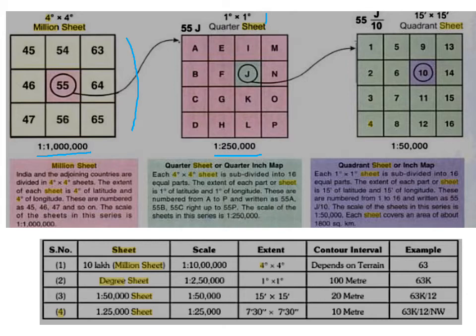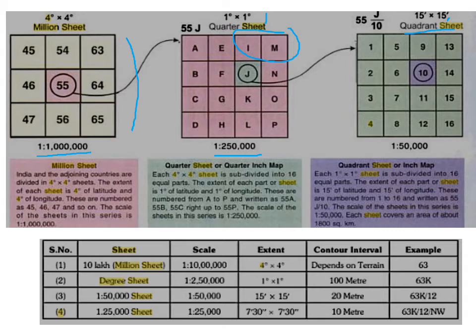And this quarter sheet is further divided into 16 grids named from A to P. Each one has a 1 degree by 1 degree size. And further, this 1 degree by 1 degree grid is divided into another 16 quadrants, each of 15 minutes by 15 minutes, which is called a quadrant sheet.